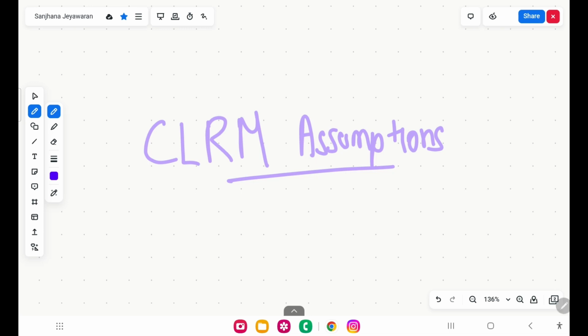The second part is where we talk about the classical linear regression model assumptions. You all remember that by using the least squares regression method, we found the values of beta naught cap and beta 1 cap. Why did we find this?